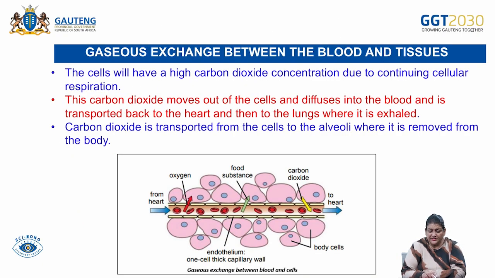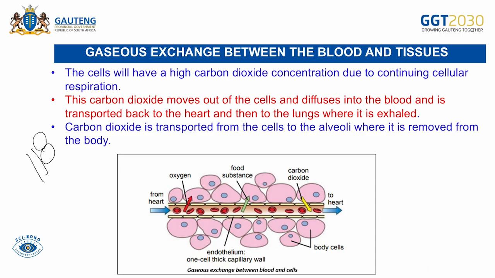So here you're going to see now, that was lungs and blood. Now we're going to see gaseous exchange between blood and cells. So first you're going to have lungs and blood. That is the lungs, that is the alveolus, right? That's your alveolus, and blood.